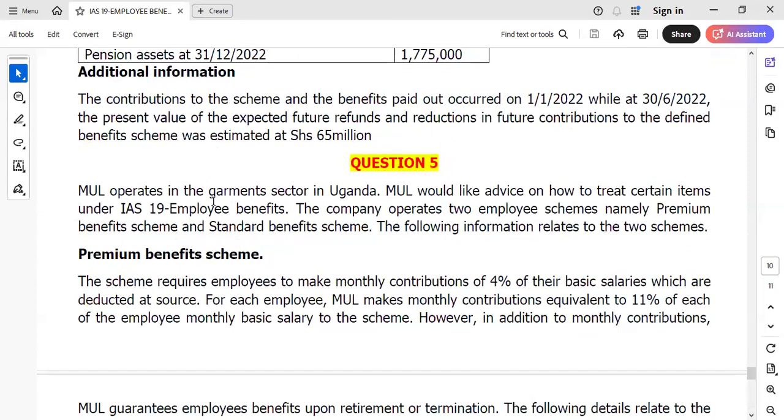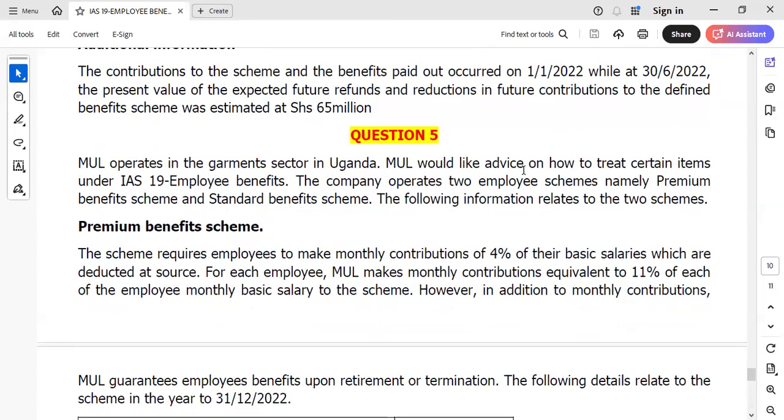MORU operates in the garment sector in Uganda. MORU would like advice on how to treat certain items under IAS 19 employee benefits. The company operates 2 employee schemes, namely premium benefit scheme and standard benefit scheme. So we have 2 schemes.